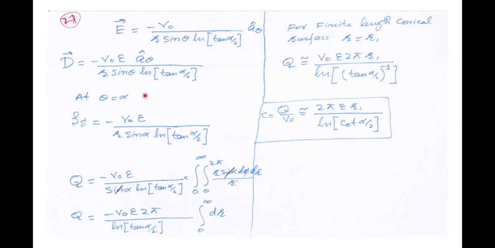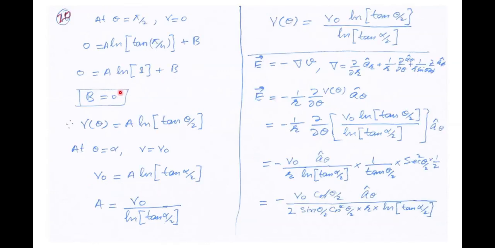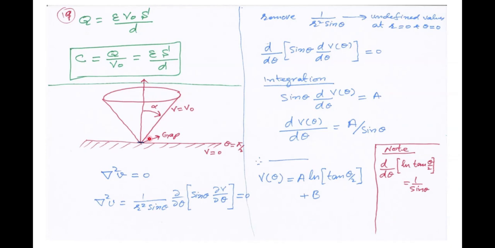Let us suppose that the two structures, the conducting sheet and conical surface, are embedded in some insulating material. Then at the conducting surface, the conical surface at theta equal to alpha, we can now define the surface charge density.